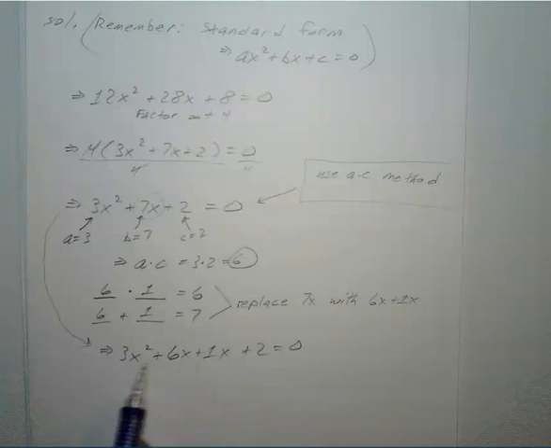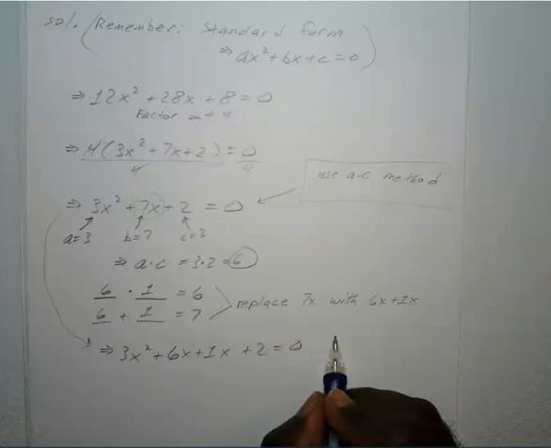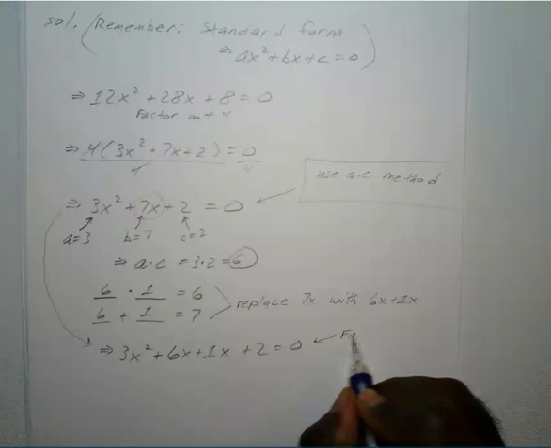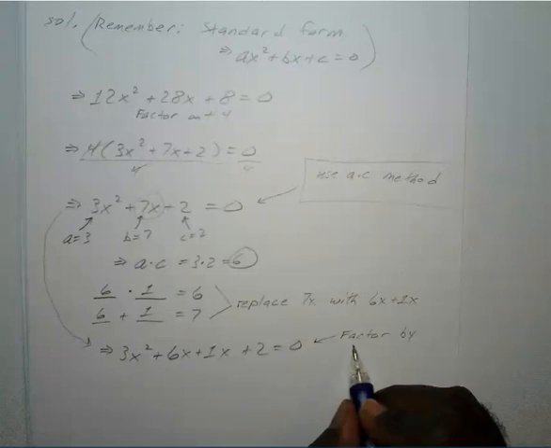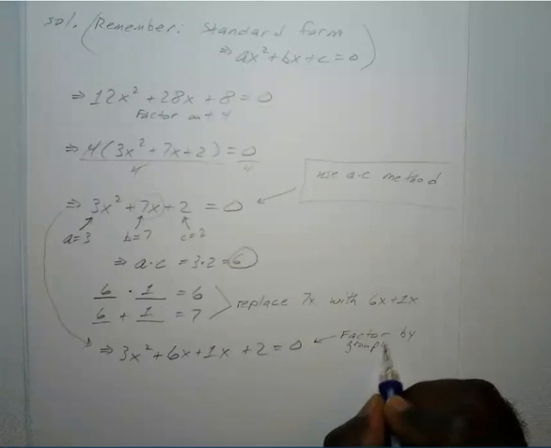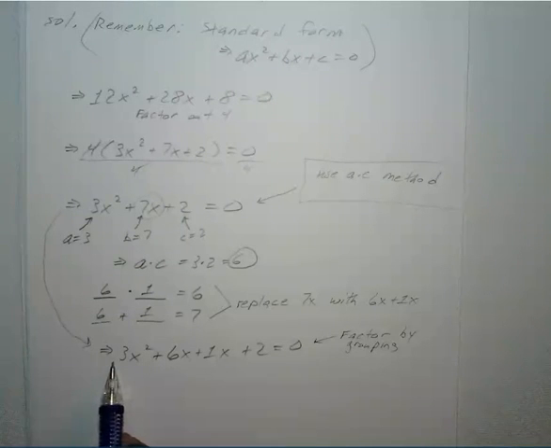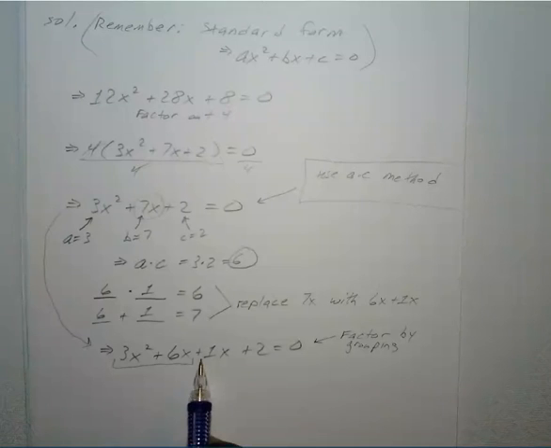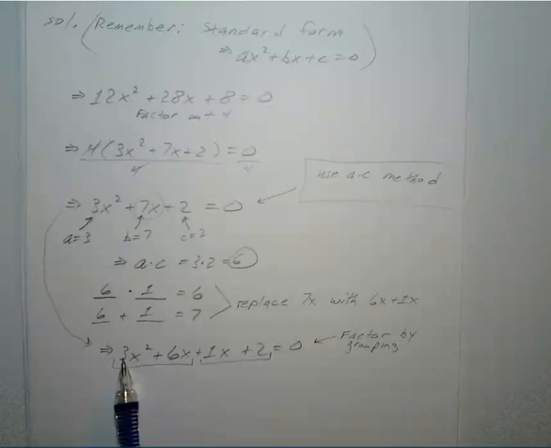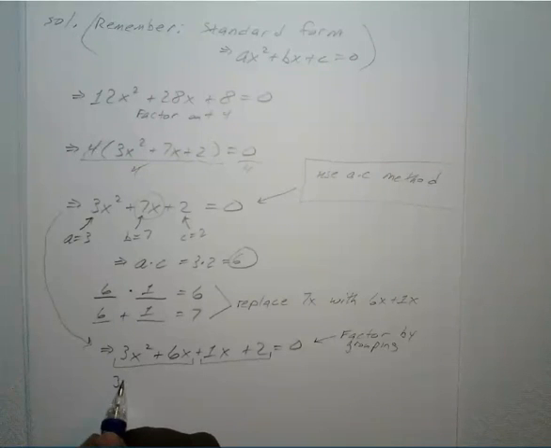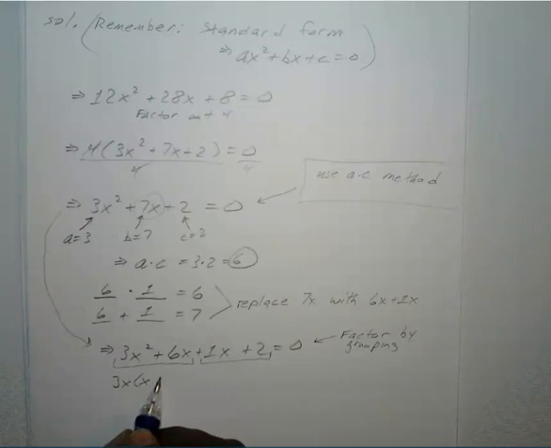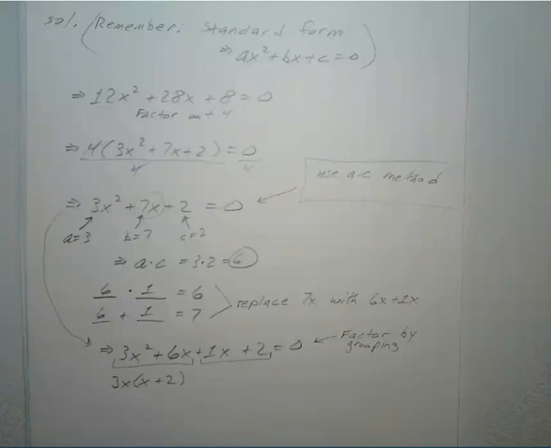Okay, so now the left side, we just factor by grouping. Remember, when you factor by grouping, you take the 4 terms, you break it down to 2 subterms. And then you find the greatest common factor from those. So this one you can factor out a 3x. So you have 3x times x plus 2.